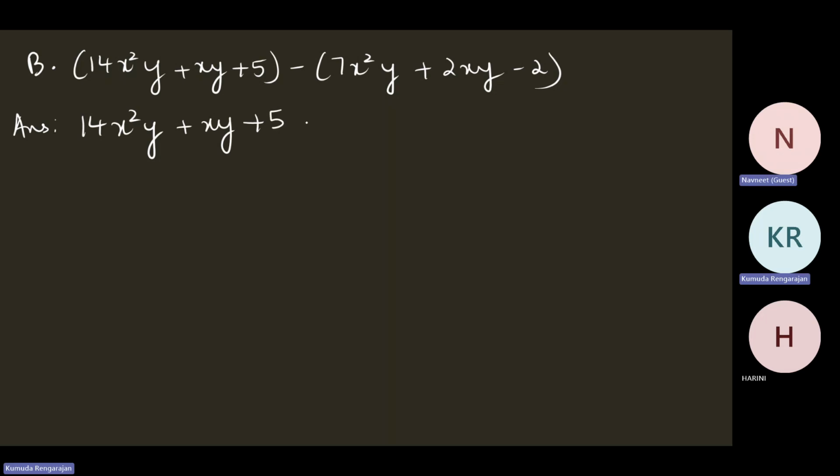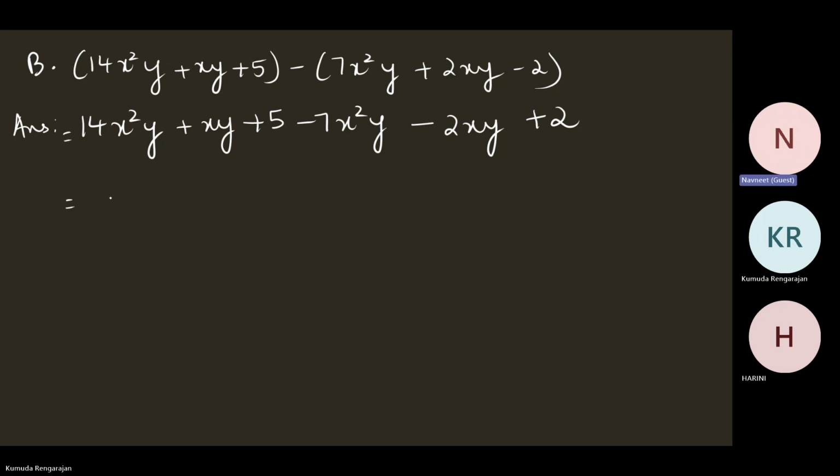Okay, stop. Now, Harini, continue. Minus 7 square y, minus 2xy, plus 2. Very good. Next, Navneet.